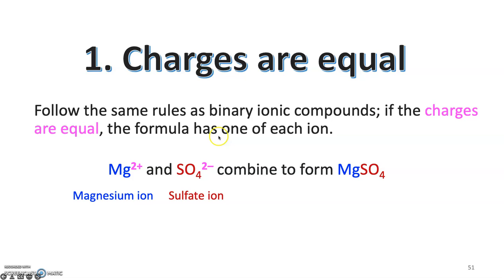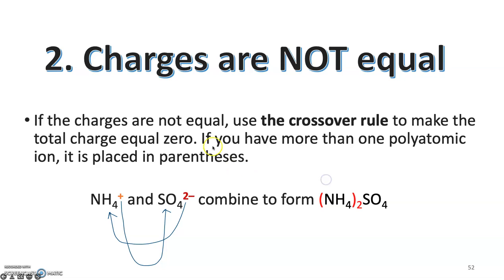The formula will have one of each ion. For example, magnesium sulfate: magnesium ion has a 2 plus charge and sulfate ion has a 2 minus charge. Since the charges are equal and opposite, you only need one of each to form MgSO4. Note that this is a ternary ionic compound because you have 3 elements here: oxygen, sulfur, and magnesium.